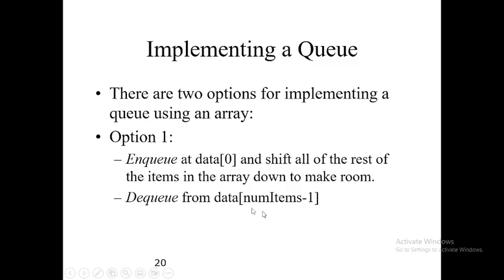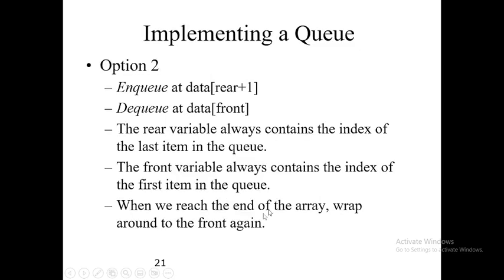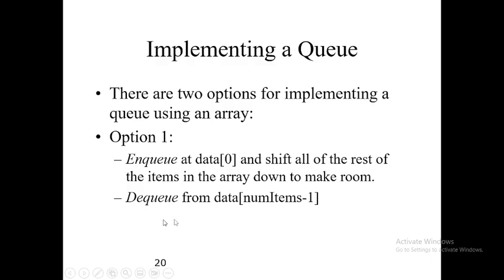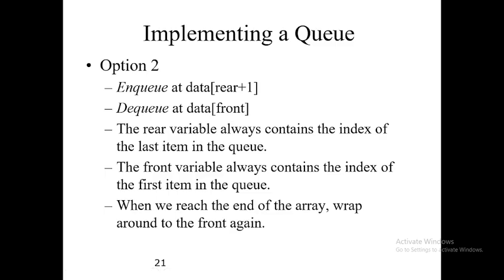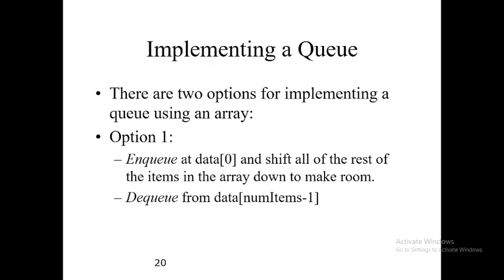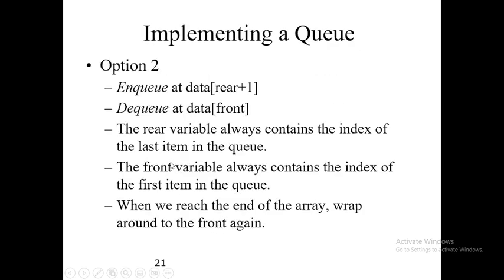This is another array with the dequeue operation. If you want to delete something, you can delete. The next option uses the standard notation, data of 0 and data of number of items minus 1.